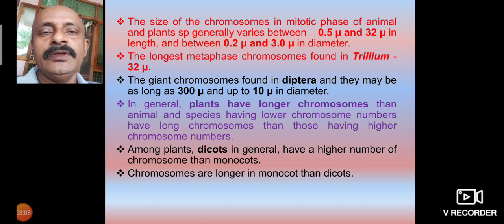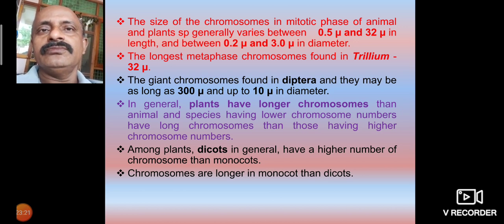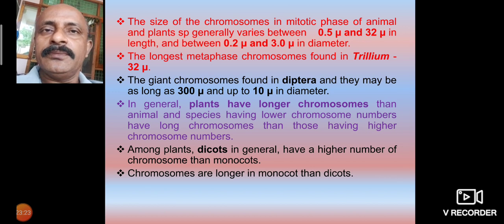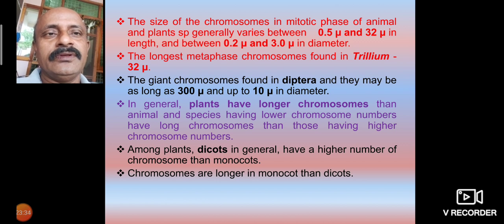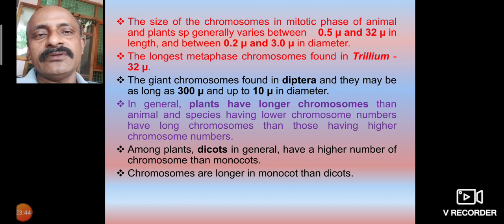Insects. In general, plants have longer chromosomes than animals. In the plant kingdom the chromosome number differs, but the size is greater than in animals. Species with lower chromosome number have longer chromosomes than those with higher chromosome number.